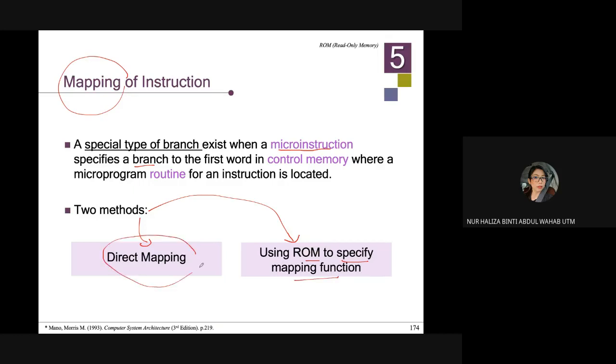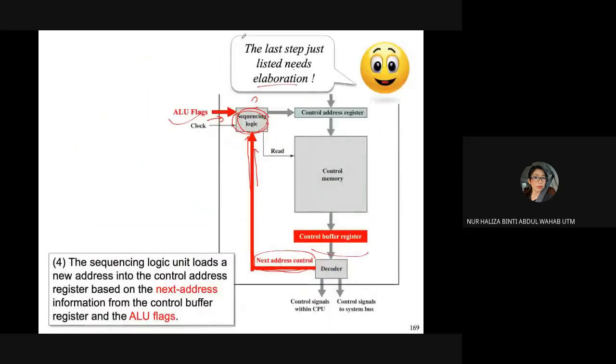This one is very easy because it is directly applied into your next addressing. So let's see how it is applied in these two methods, how you instruct and decide for your sequential logic, and how the next address is decided on your control buffer register, because you're going to use it as the next address.